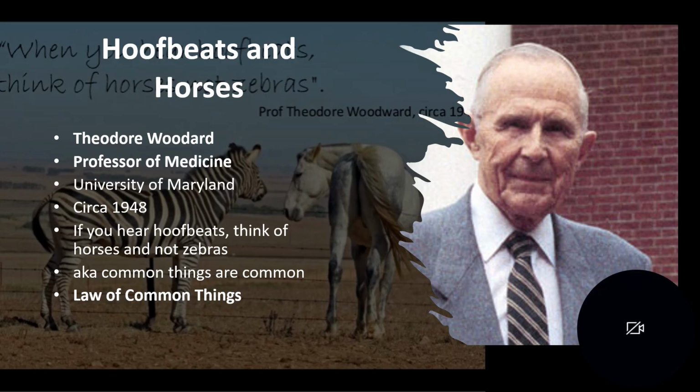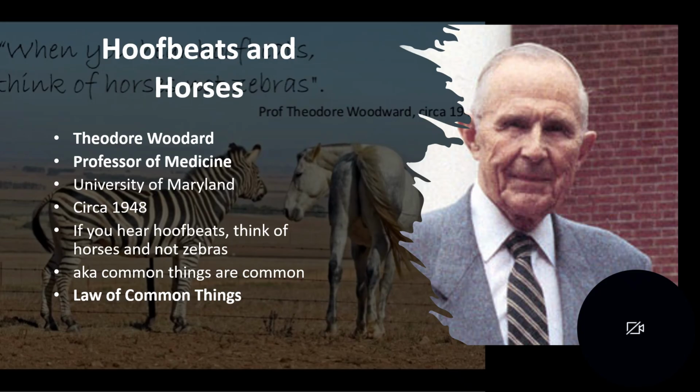When I taught in a medical school back in South Africa, I had to change this around and say, if you hear hoofbeats on the Serengeti plain, think of zebras rather than horses, because horses are not very common on the Serengeti plain. It's more likely to be zebras or wildebeest or water buffaloes. This is also known as the law of common things, or common things are common.